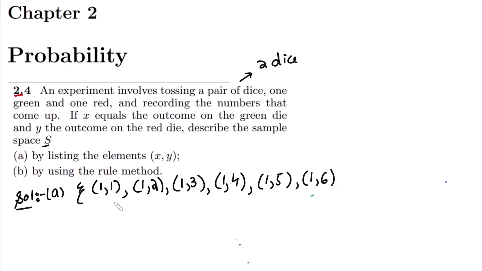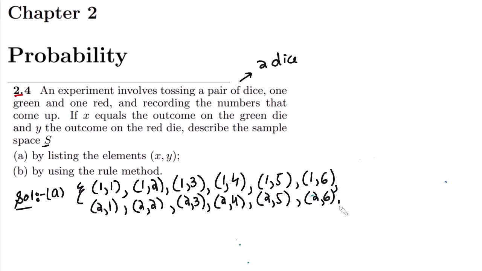So this is for the toss in which X is 1 while Y can go from 1 to 6. Similarly, X can have value 2: (2,1), (2,2), (2,3), (2,4), (2,5).